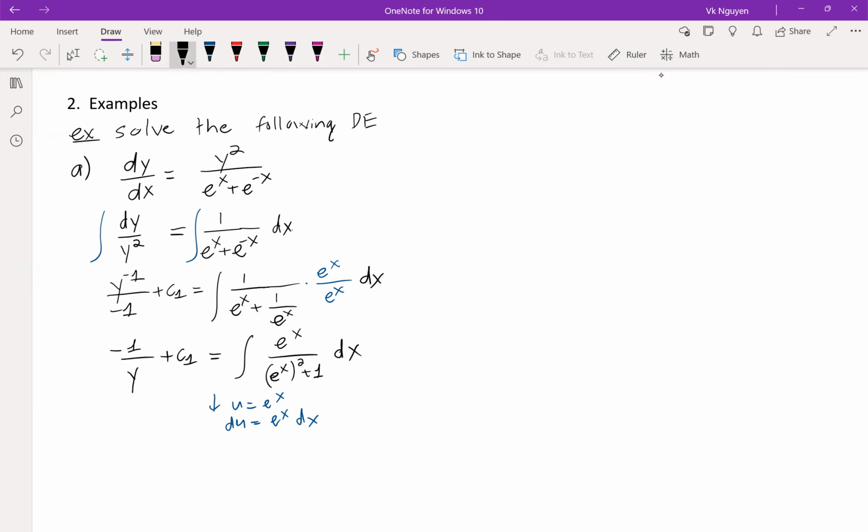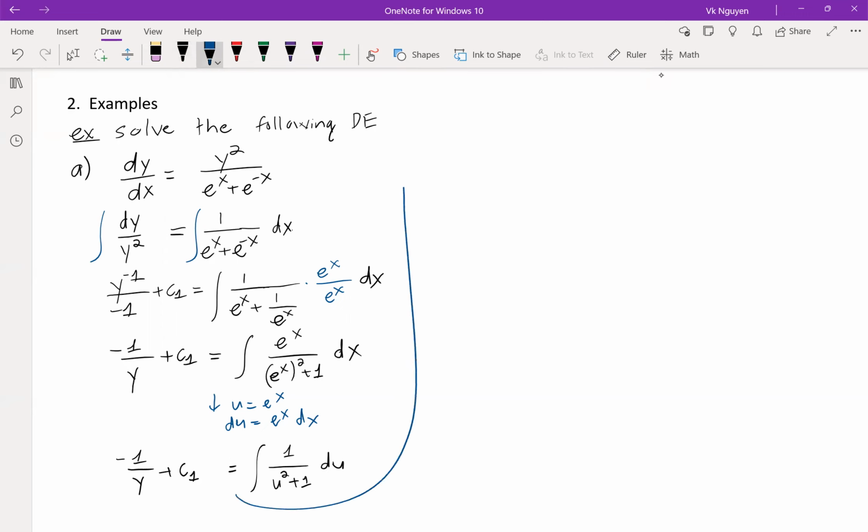And from here, we have negative 1 over y plus c1 on one side. On the other side, the integral of 1 over u squared plus 1 du. That is very familiar. The integral of 1 over u squared plus 1 du is arctangent u.